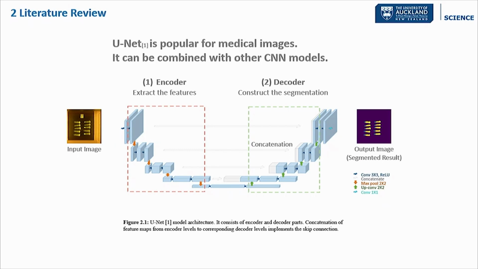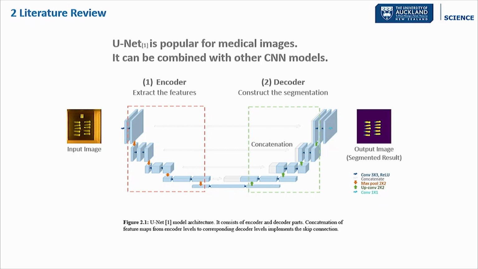It reads in the original image and produces the desired output. And in the output, it recognizes three classes. One is the tip in blue color, one is the tip region in yellow color, and the third is the background in purple color.